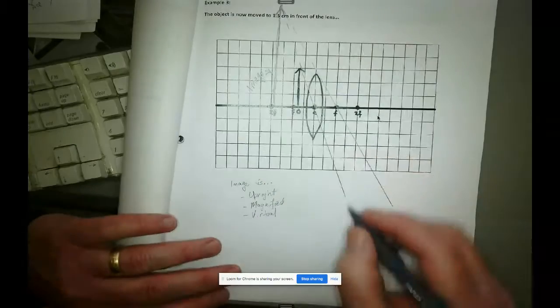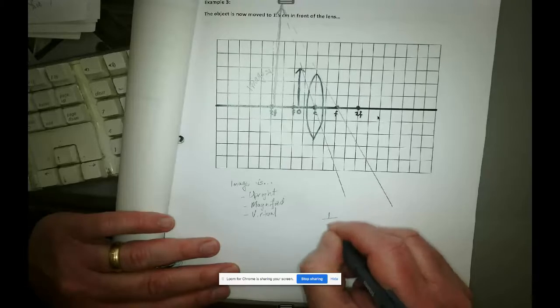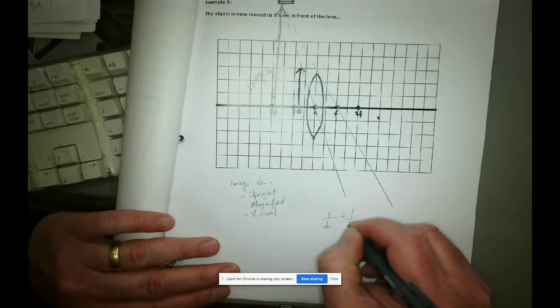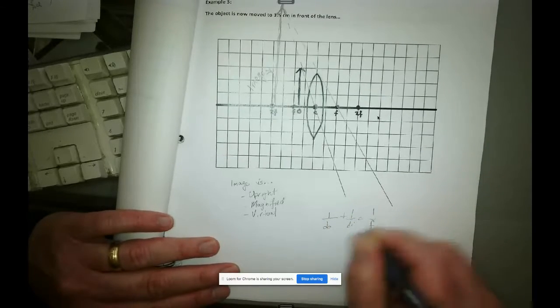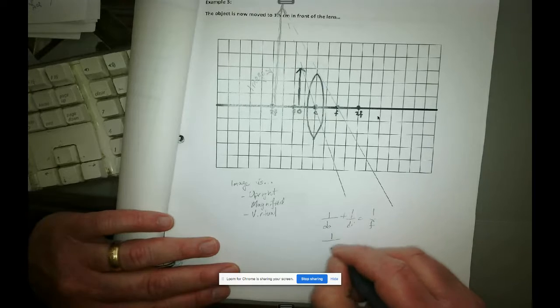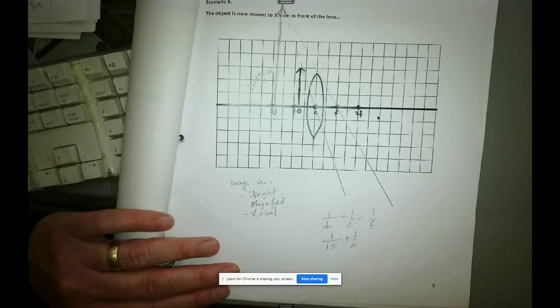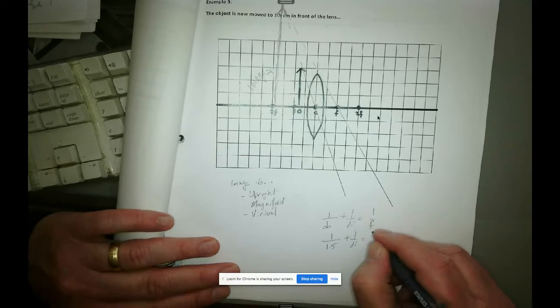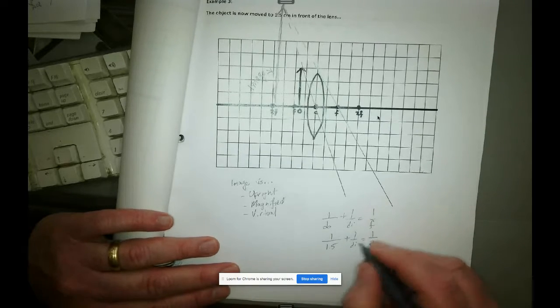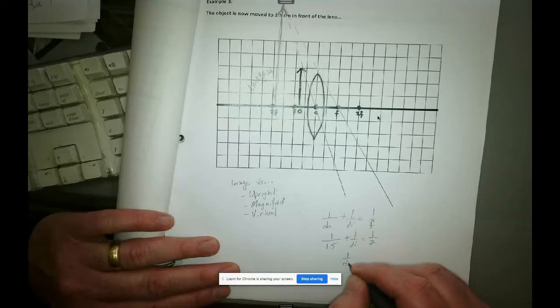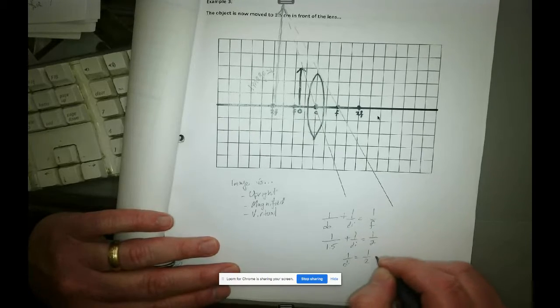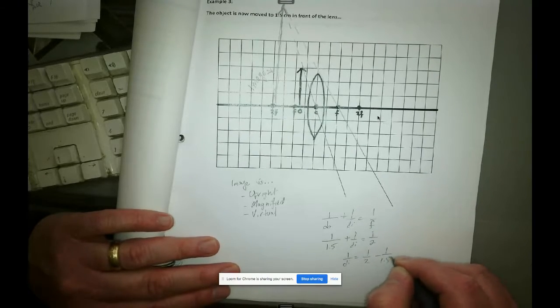All right. And then the third example. So now, we'll do it again. 1 over dO plus 1 over di is 1 over f. 1 over 1.5 plus 1 over di is 1 over 2. 1 over di is 1/2 minus 1 over 1.5.